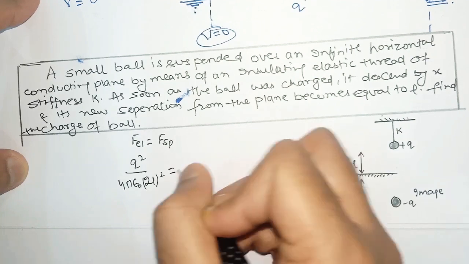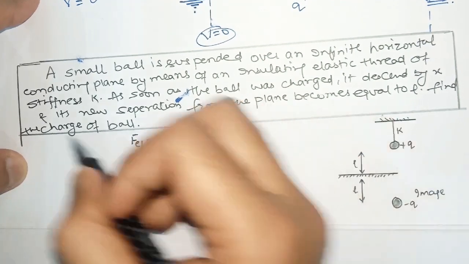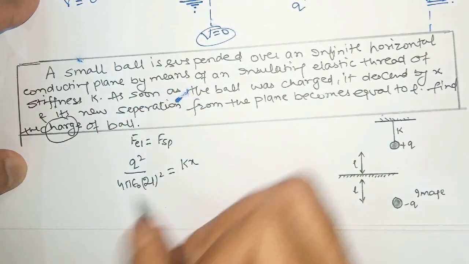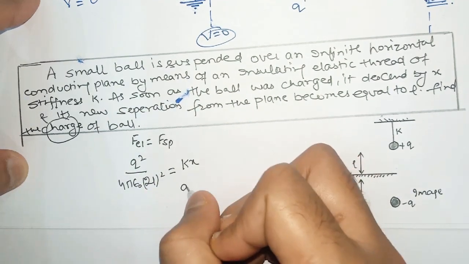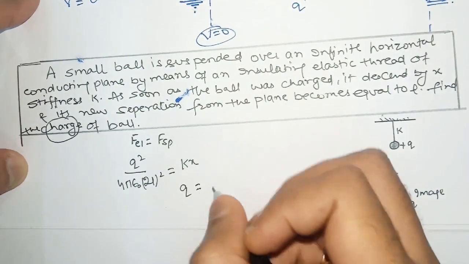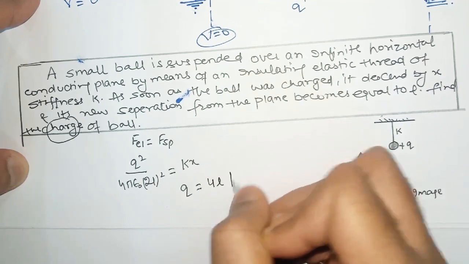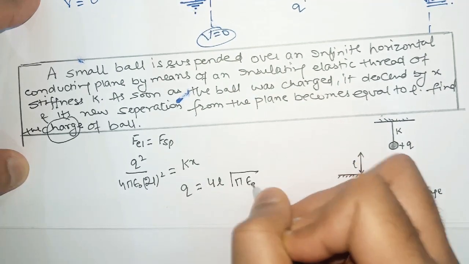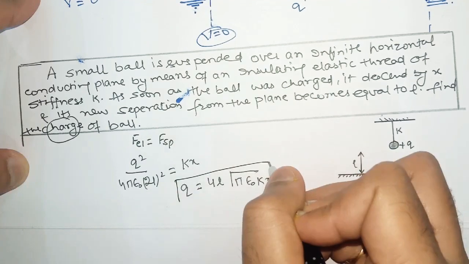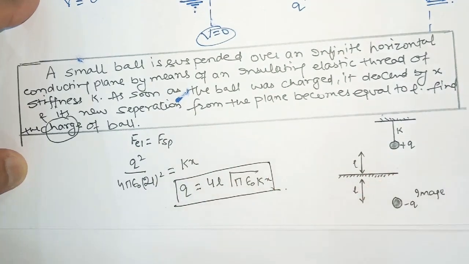It must be equal to kx. What we have to find is the value of charge. So q is equal to 4L under root of pi epsilon naught kx. Now you can see how easy the question is.